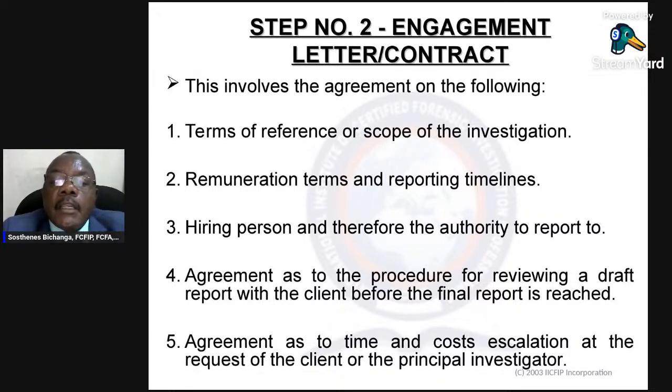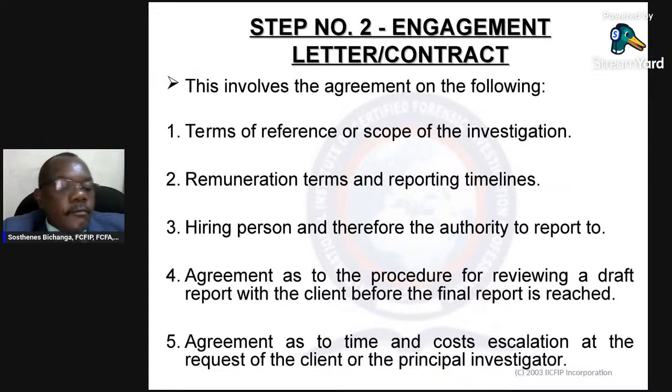Number 5, agreement as to time and cost escalation at the request of the client or due to a situation or happening precipitated by the client or her staff. The principal investigator of the investigating team might also wish to indicate that if something crops up that was unforeseen, they might ask for some extension of time and also cost escalation.